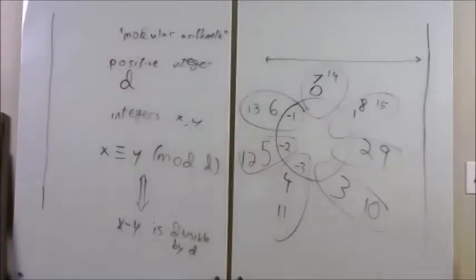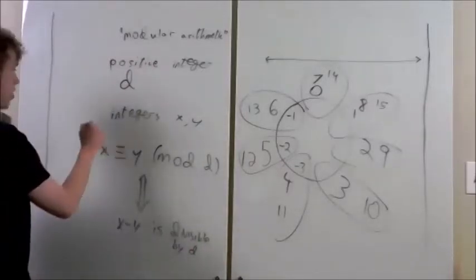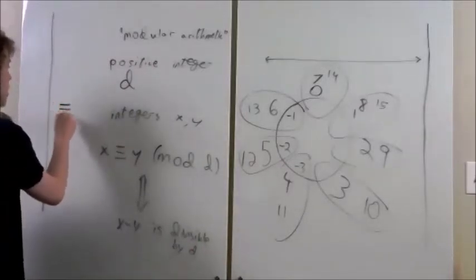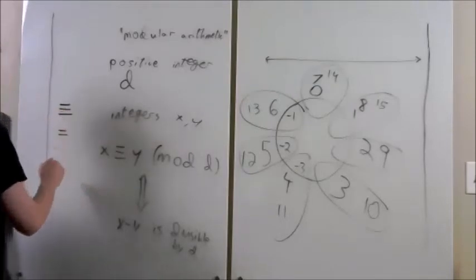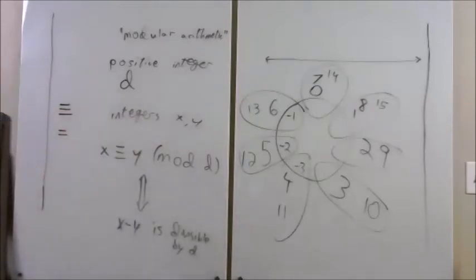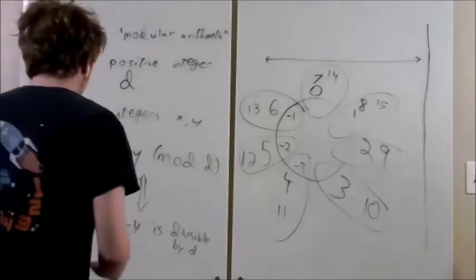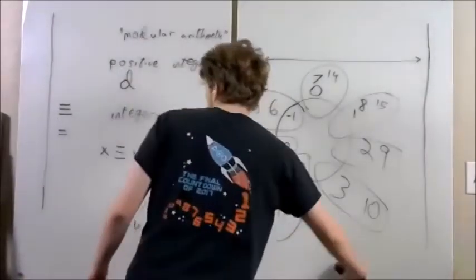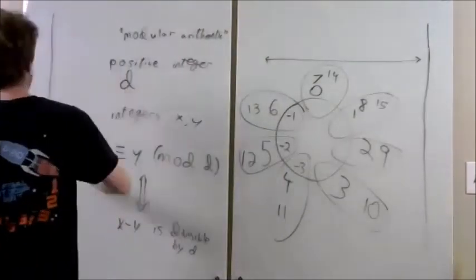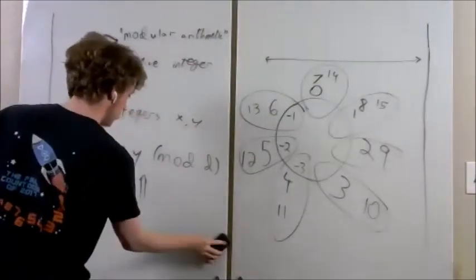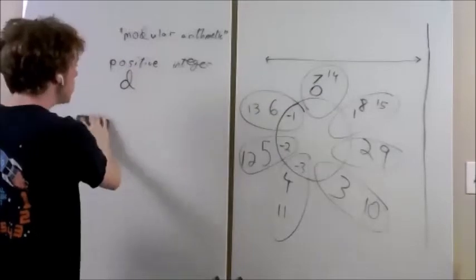And so I wrote this, this thing with the 3 bars, it looks a lot like an equal sign, which has 2 bars. And in fact, they behave very similarly. Not exactly the same.